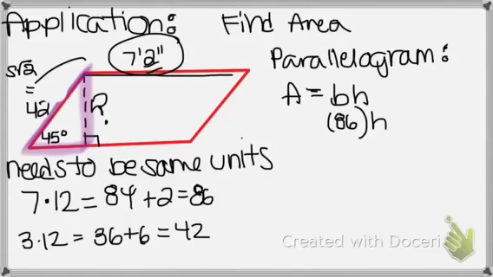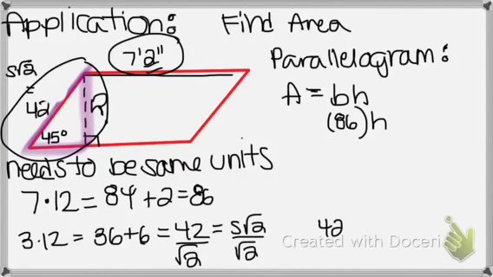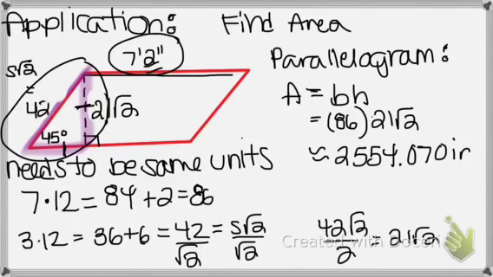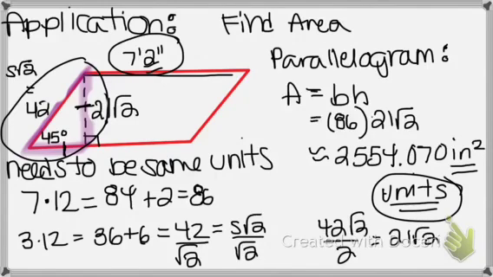When I solve for S here, I'm going to divide by the square root of 2. And remember, we rationalize. So I get 21 square root of 2. I'm going to plug that in for my height. So we get approximately 2,554.070 inches squared. Make sure that you're using the appropriate units.